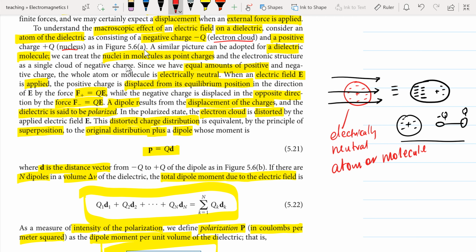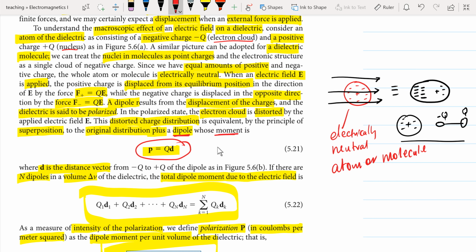And we are saying now in the polarized state, the electron cloud is distorted by the applied electric field. The distorted charge distribution is equivalent by the principle of superposition to the original distribution plus a dipole whose moment can be given by this value. If you remember, we already met the concept of dipole and its moment.